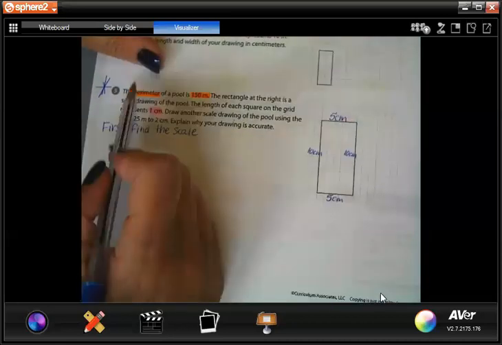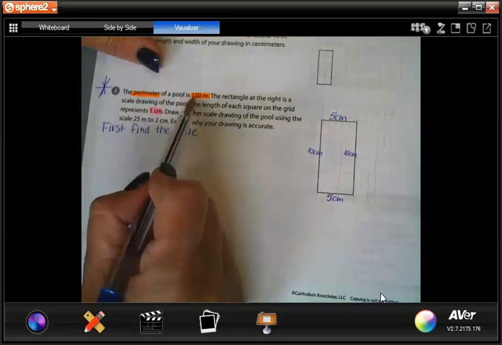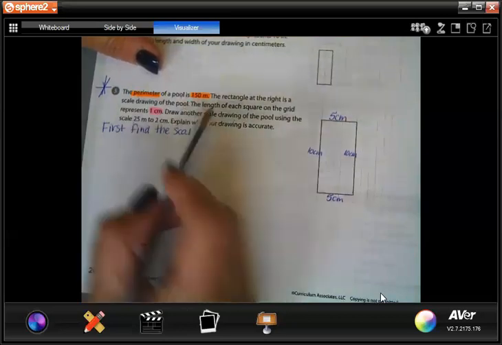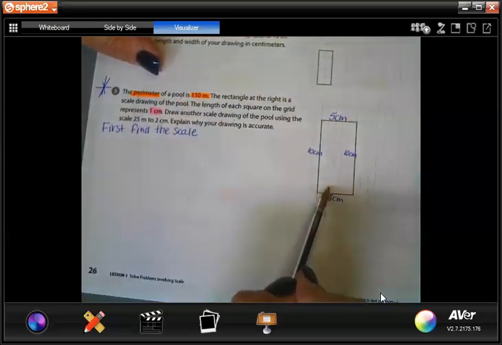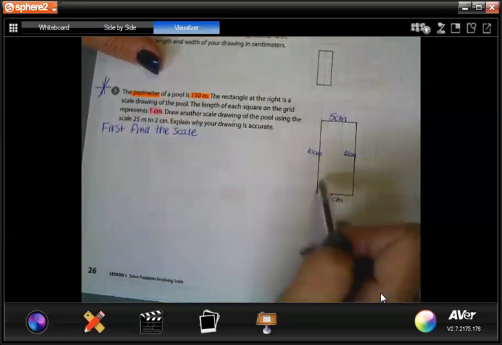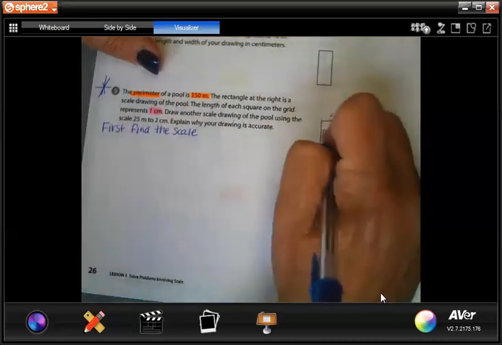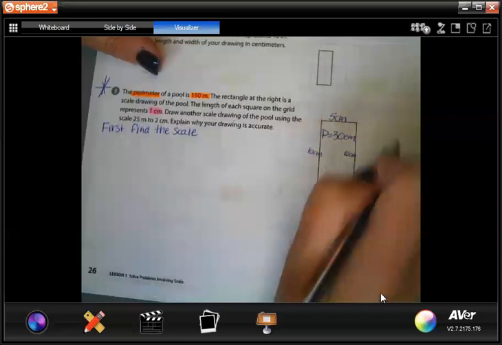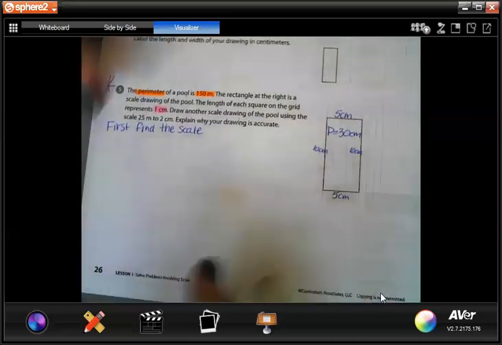And if you look, they give us the perimeter. So what that means is we need to find the perimeter of the drawing. Perimeter is distance around. So 5 plus 10 plus 5 plus 10, my perimeter is 30 centimeters. So here's our scale.